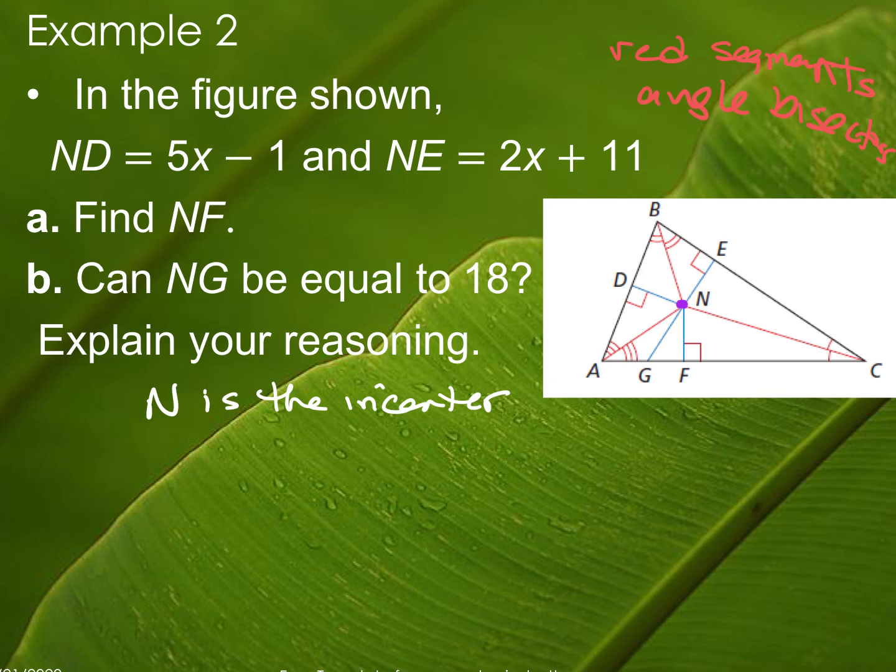If N is the incenter of triangle ABC, that tells me the blue lines are all going to be the equidistant segments.